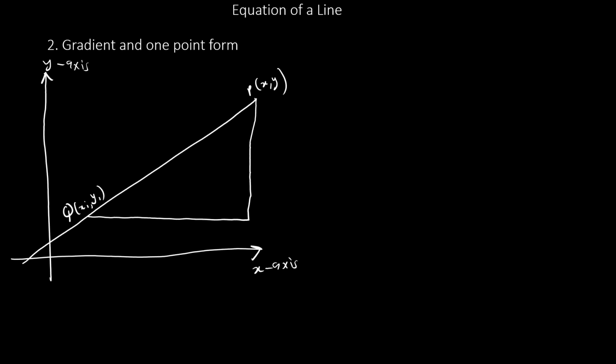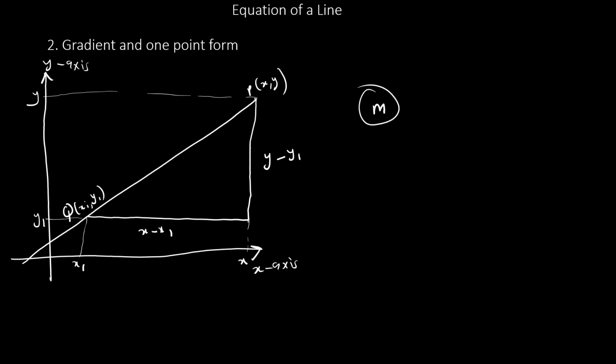And we have already been given the gradient, which is m. So we can say that the length of this side is y minus y1, and this is x minus x1.